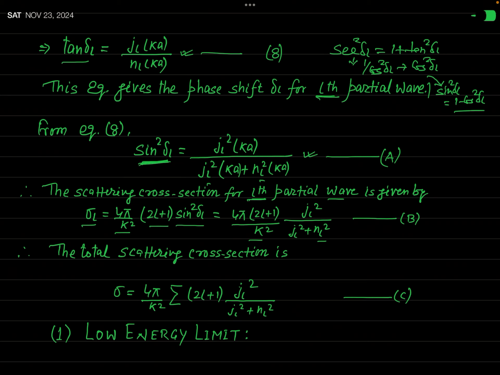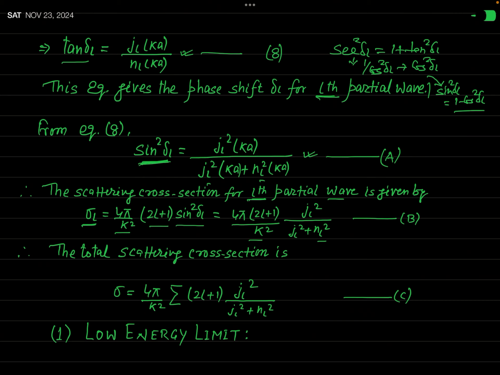Okay. You can see that the value of sigma L depends on the quantum number L. So for different L, the scattering cross section will be different.